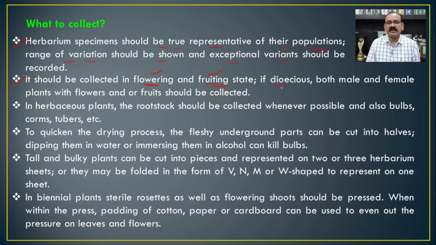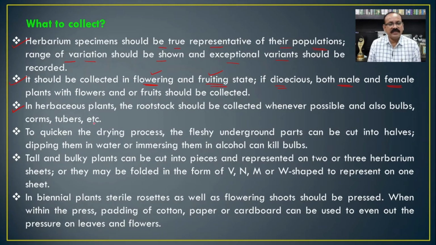If the plants are dioecious and there is availability of male and female plants, in such cases we have to collect both types of plants so that we can easily differentiate the male and the female plant and show the characteristics, as well as use two different sheets for the male and the female plant.